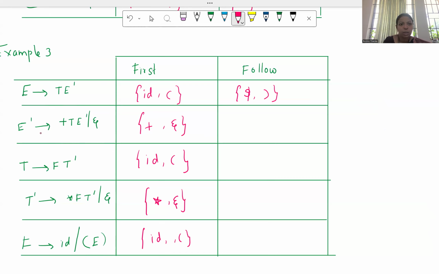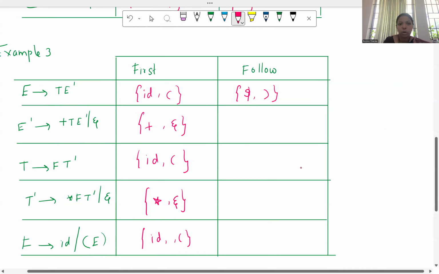Let us see E dash. Who is the follow of E dash? In all the places you have to check wherever E dash is coming. This production and this production are the only ones having E dash. When I take the first production which has E dash, followed by E dash, nobody is there. If nobody is there, you have to find the follow of the left hand side, that is E. What is follow of E?